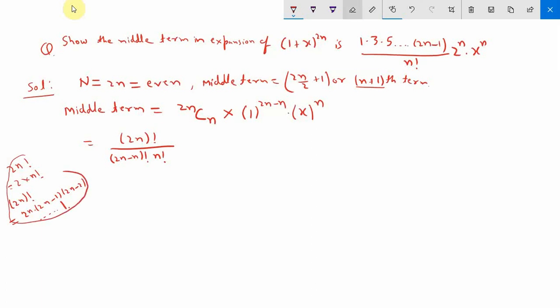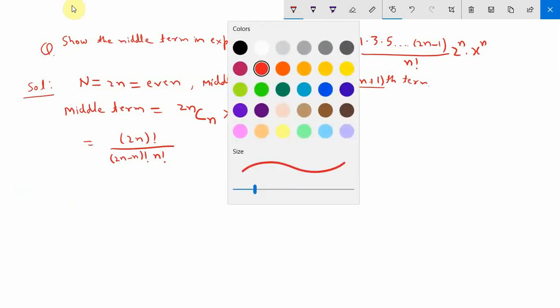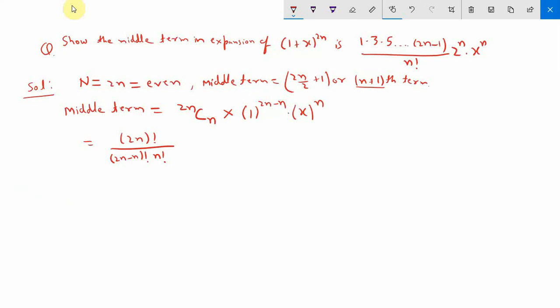So let's clean this. We can expand this as 2n factorial by 2n into 1 into x to the power n.